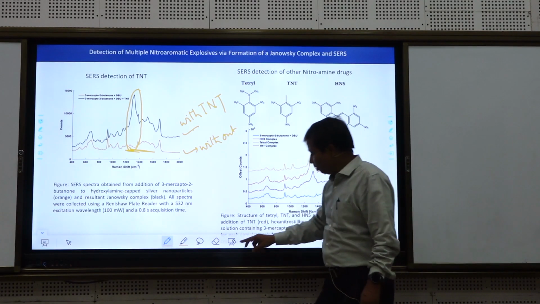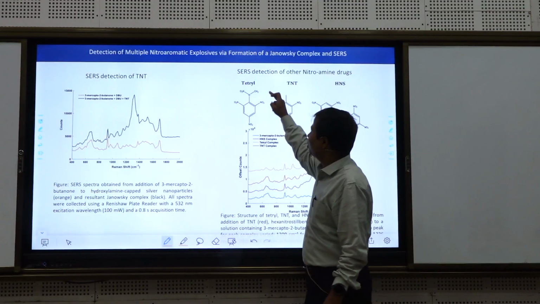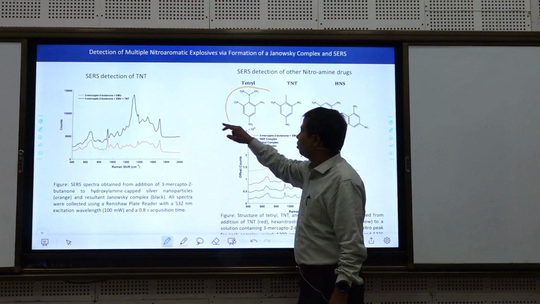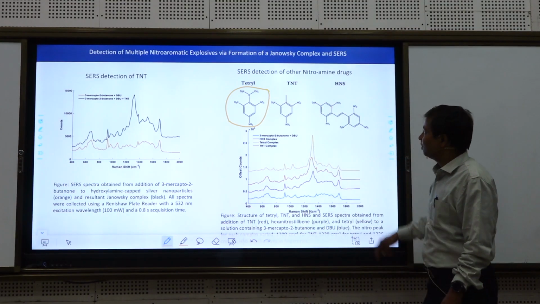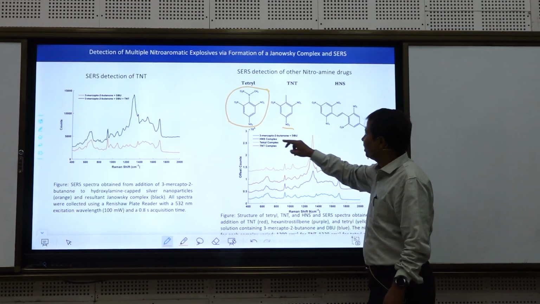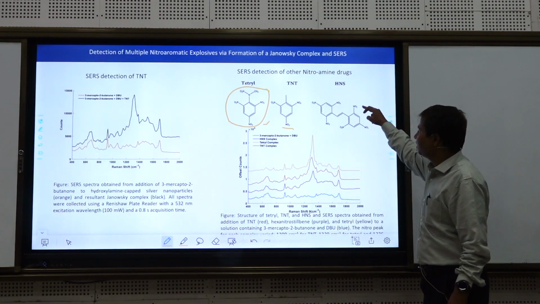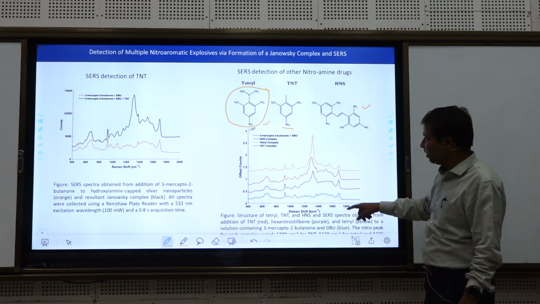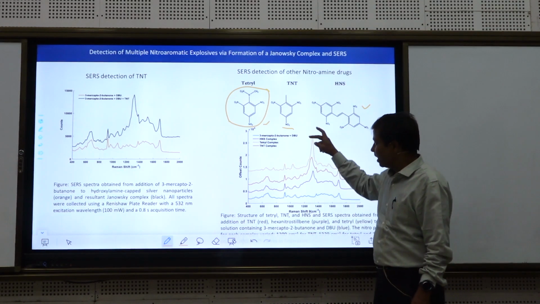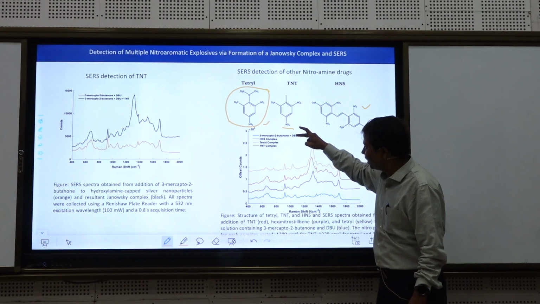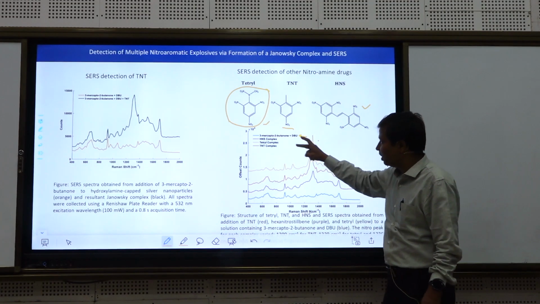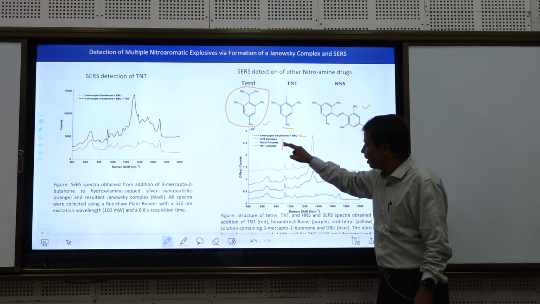So this is another molecule. Earlier was the toluene, and this is the amine group. This is the one we have detected. This is another molecule. And for every case, if you look at this reference one, there is no explosive, and these three are explosive.